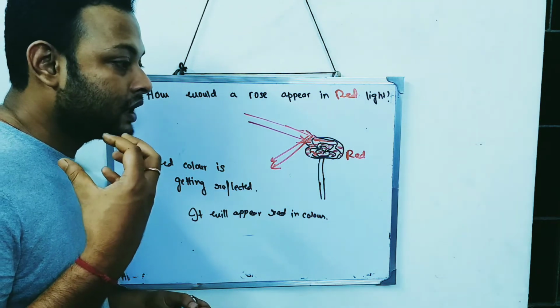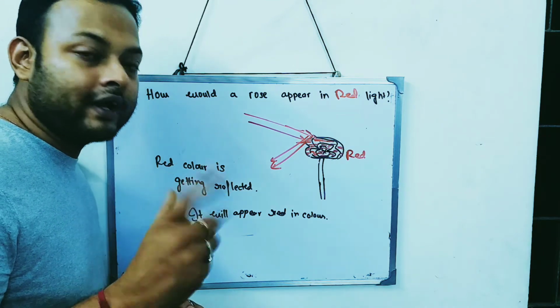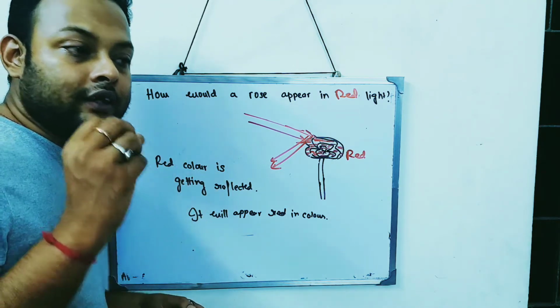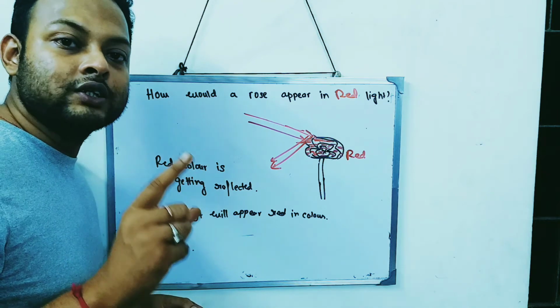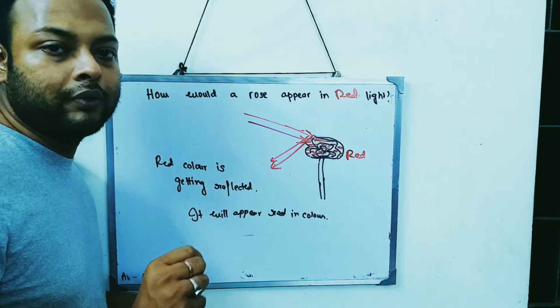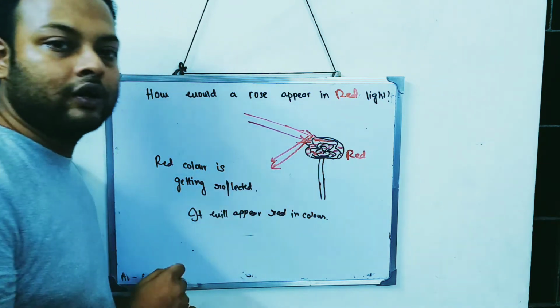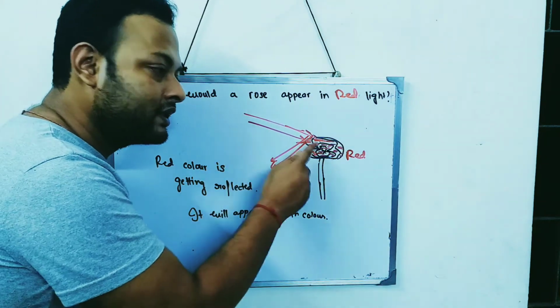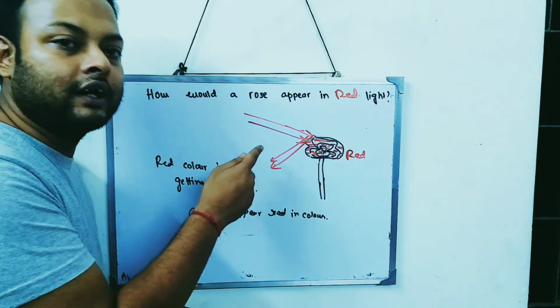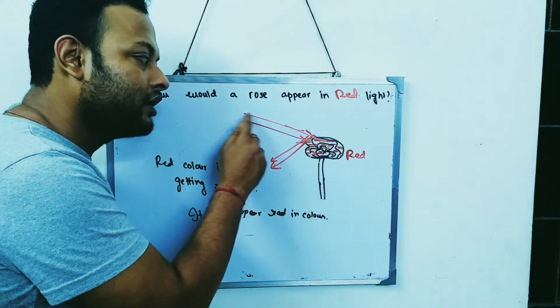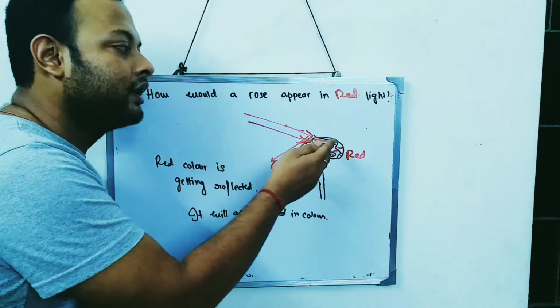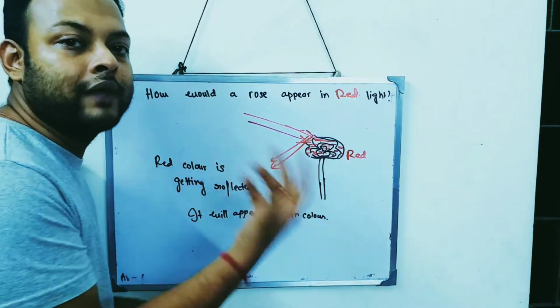So what I can say from here is that the color of an object is not an inherent property. It depends on the color which is incident on it. Over here it is red color. If I change it to blue color, then the red rose will become black.